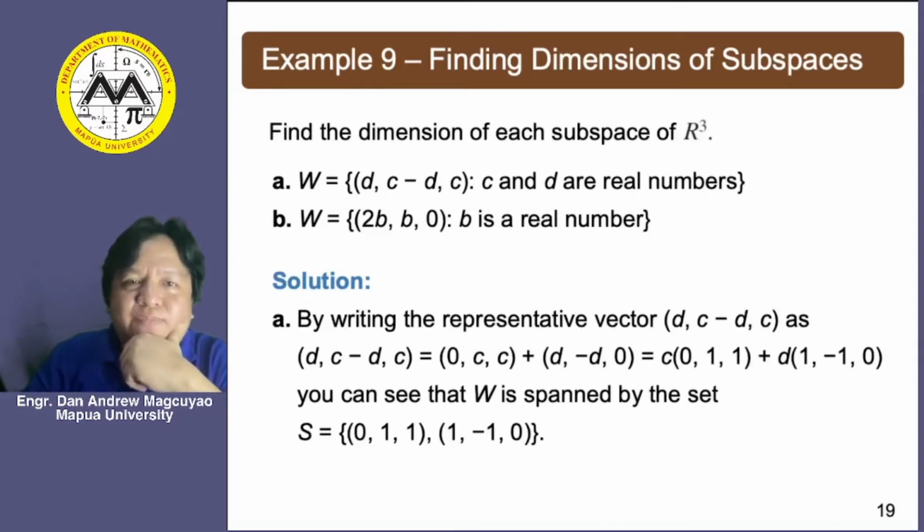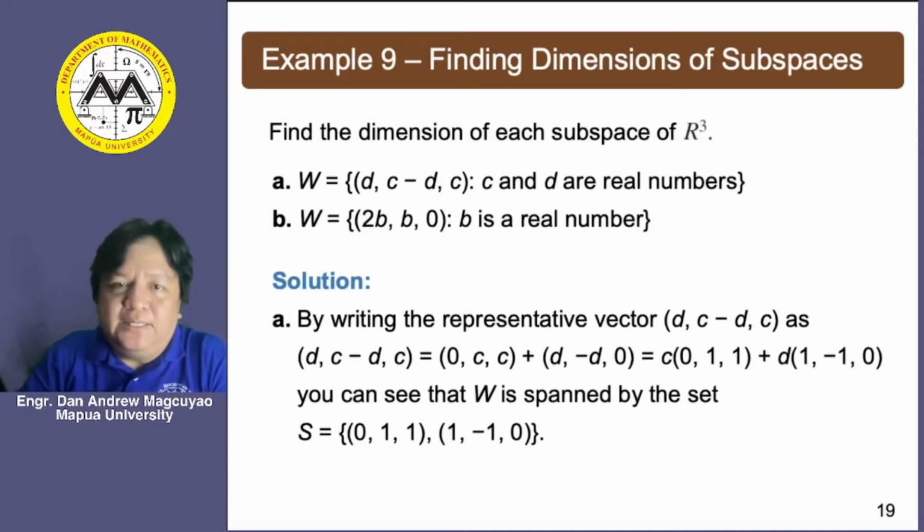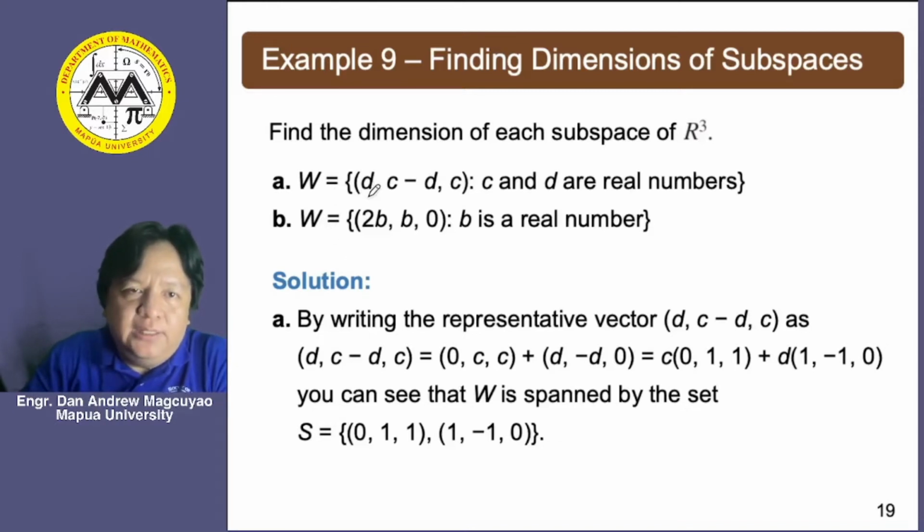So find the dimension of each of the subspaces of R cube. So for W, we have d, c minus d, and then c. This is a vector in R cube, where c and d are real numbers.